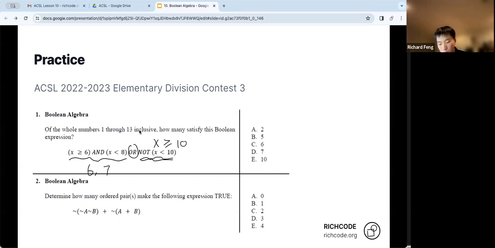And we're also given that it has to be through 13 inclusive. So this gives us 10, 11, 12, and 13 as the values that satisfy this expression. So altogether, there are 6 values that satisfy this Boolean expression. So question 1 should be C.